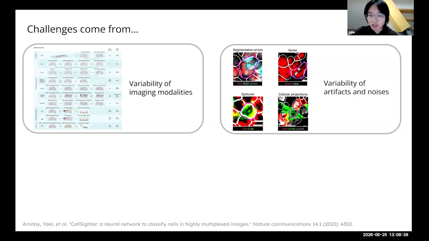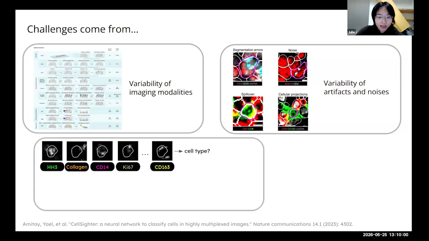Sometimes you get a segmentation that is just not optimal, and sometimes you have noise from your tissue. Sometimes you have spillovers across cells. Sometimes you have cellular projections that exist across cell boundaries, and that can make the cell phenotyping task pretty challenging.